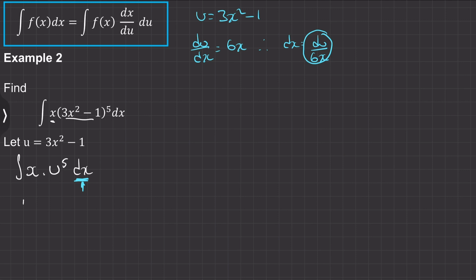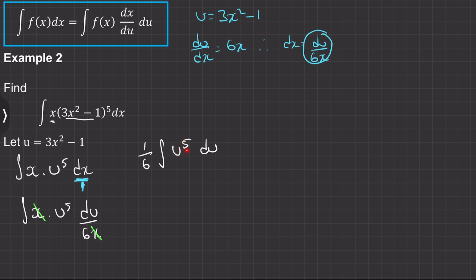So we have the integral of x multiplied by u to the 5 dx, or du over 6x. Now can you see that this x here will cancel with this division here, and we can move this division of 6 out in front of our integral sign. So we have 1/6 times the integral of u to the 5 with respect to du.